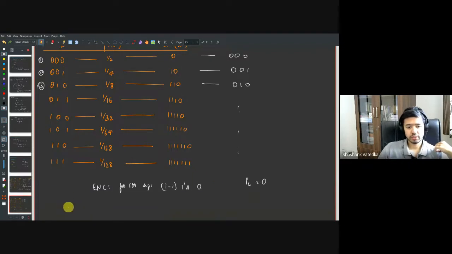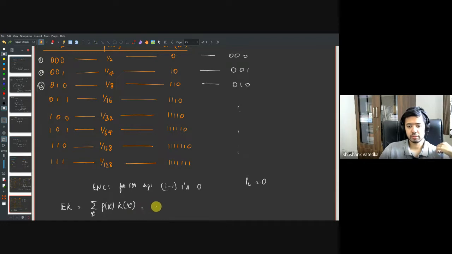Now, what is the expected length going to be? So it is the summation over all possible sequences, the probability of occurrence of that particular sequence, times the length of the compressed sequence. Right?